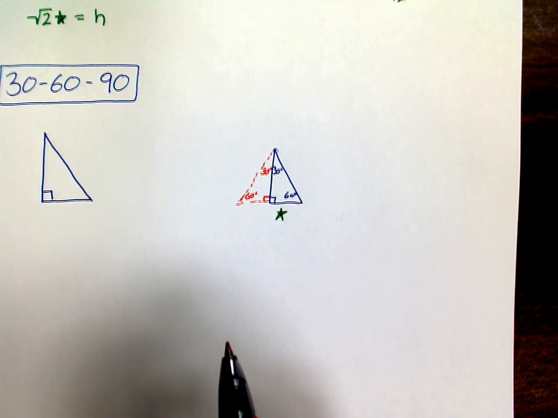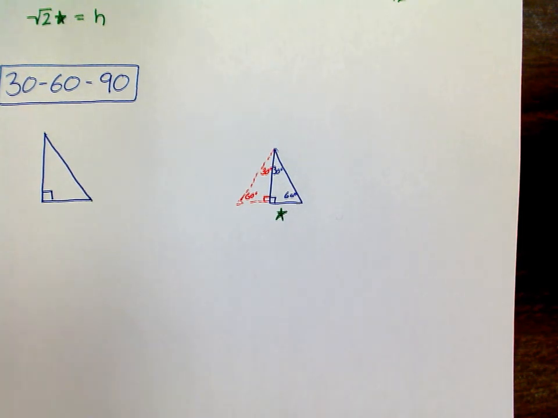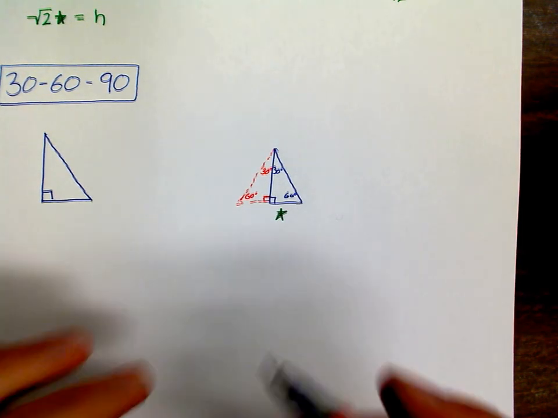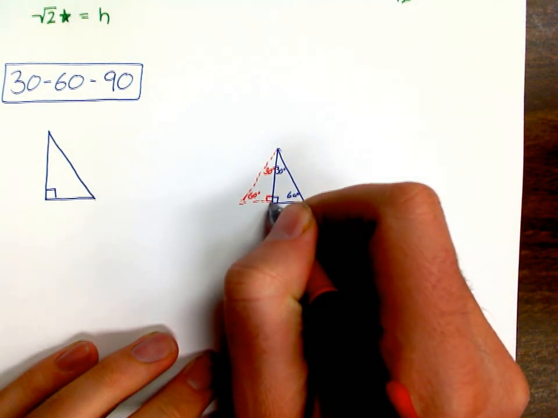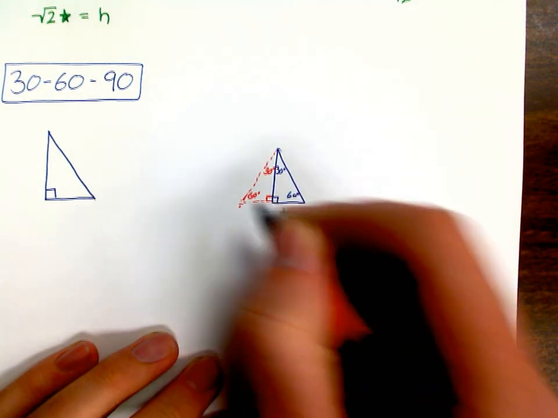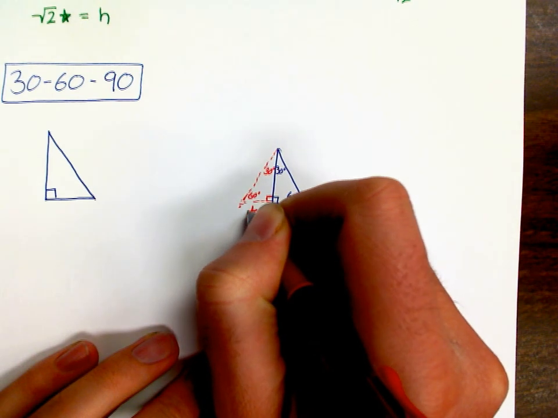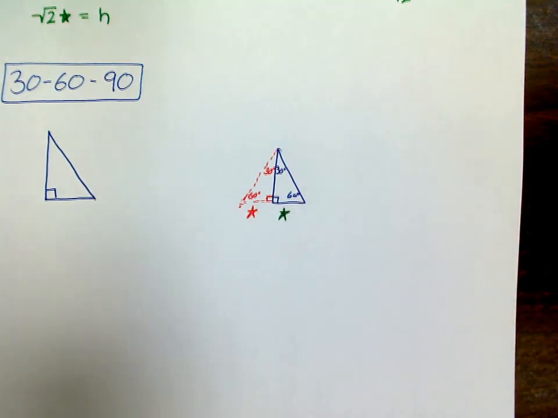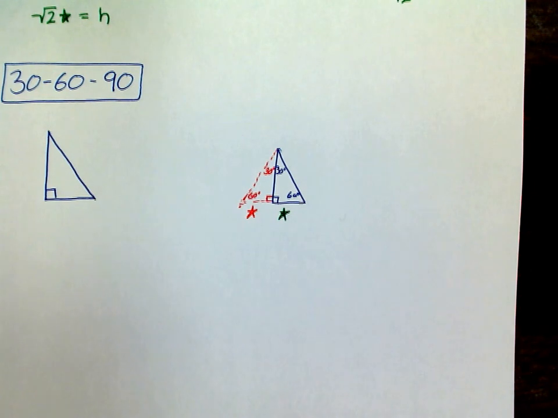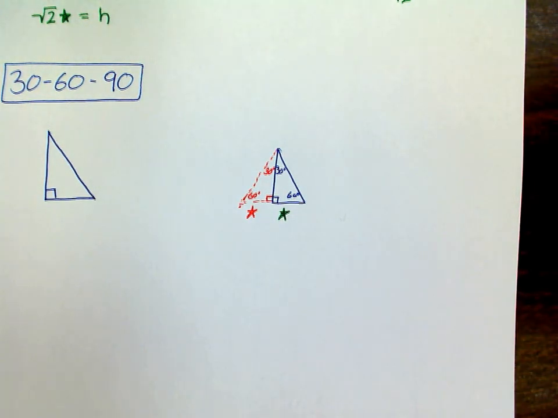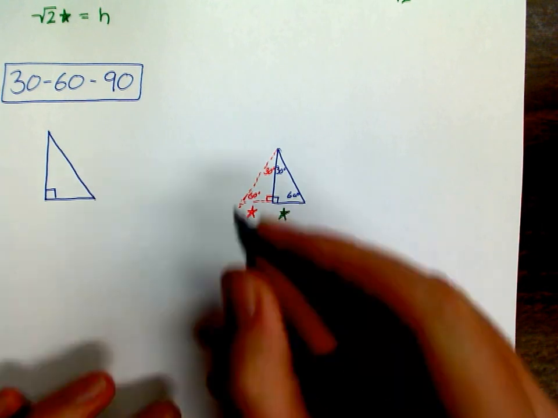I also know something else. I know that this part from the middle to the left corner is also a length of star. Because that's how I made it. I told you, I made a mirror image. So it has to be. They just have to be. So the length of the whole thing, when I put these together, is 2 star.